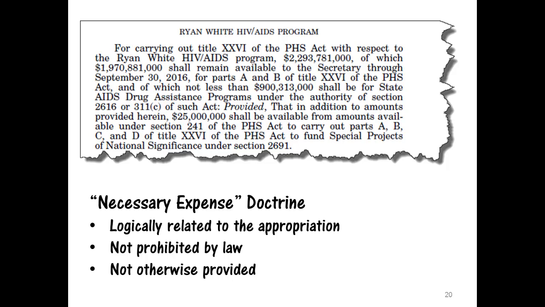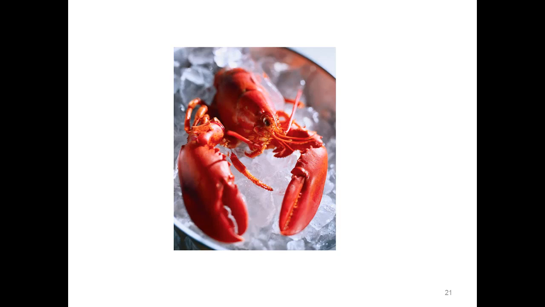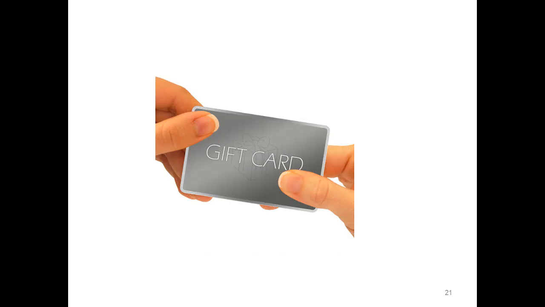Following rule number 2 about purpose can be very difficult at times. Some of the thorniest appropriations law issues are concerned with purpose. For example, whether appropriations can be used to purchase food or gifts, or whether they can be used for personal expenses such as clothing or business cards.